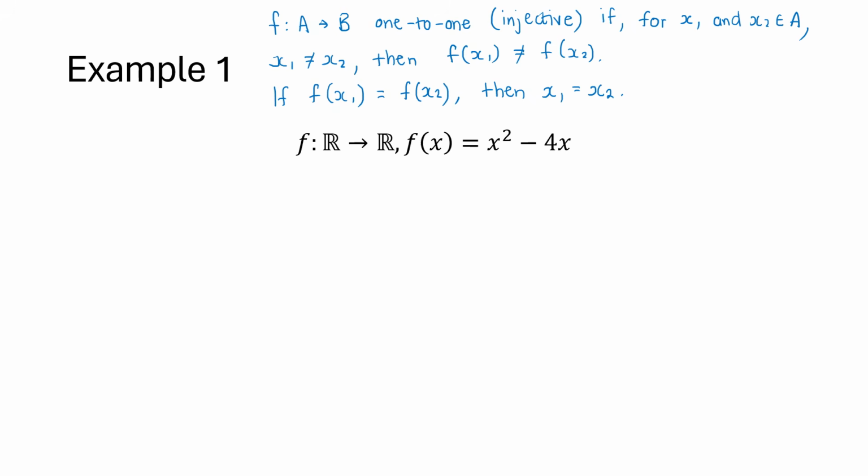Now, in terms of this function, f from R to R, defined by f of x is x squared minus 4x, in some of the previous videos we've taken a look at this function. We've made a quick sketch. This function is not one-to-one because it is a parabola. It's symmetric around the axis of symmetry.